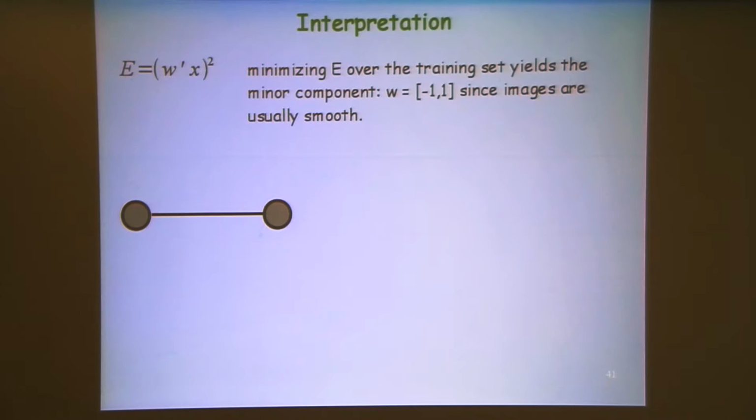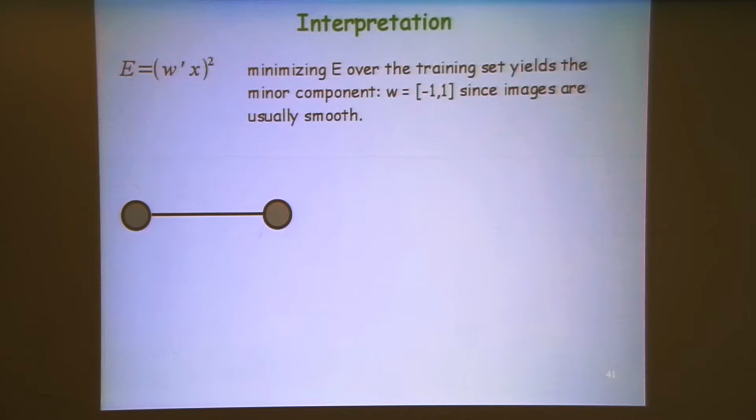So W will converge to the principal component with the smallest eigenvalue. The reason is that what you want to do here is minimize the average variance. Principal component analysis finds the projections that maximize the average variance, while here we want to minimize that.